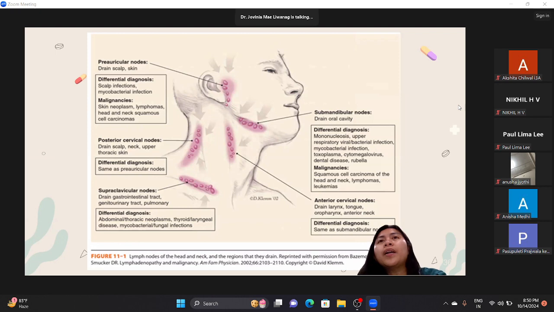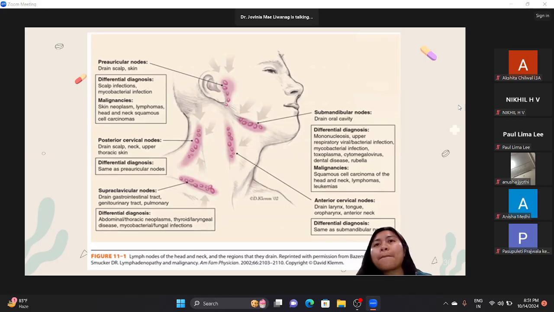For example, another one is the submandibular lymph node. If you can feel a submandibular node, just like what you see in the figure, usually submandibular lymph nodes will be palpated if you have infection in the oral cavity. So for example, upper respiratory tract infection, mononucleosis, dental diseases, those are the usual examples.